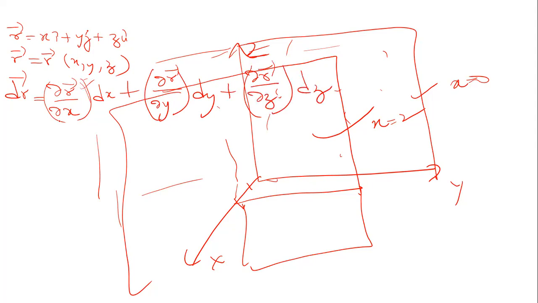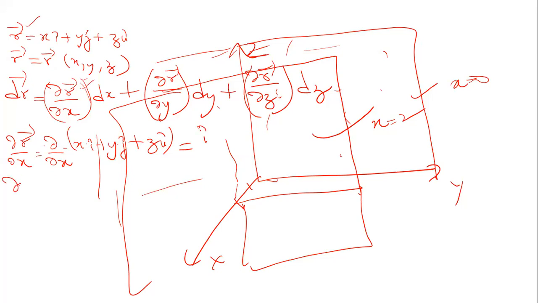So if you take this dr upon dx, you know that this is r vector. So del r upon del x will be del upon del x of x i plus y j plus z k. If you differentiate it, del x upon del x is 1, del y upon del x is 0, del z upon del x is 0. So you will get i cap here.